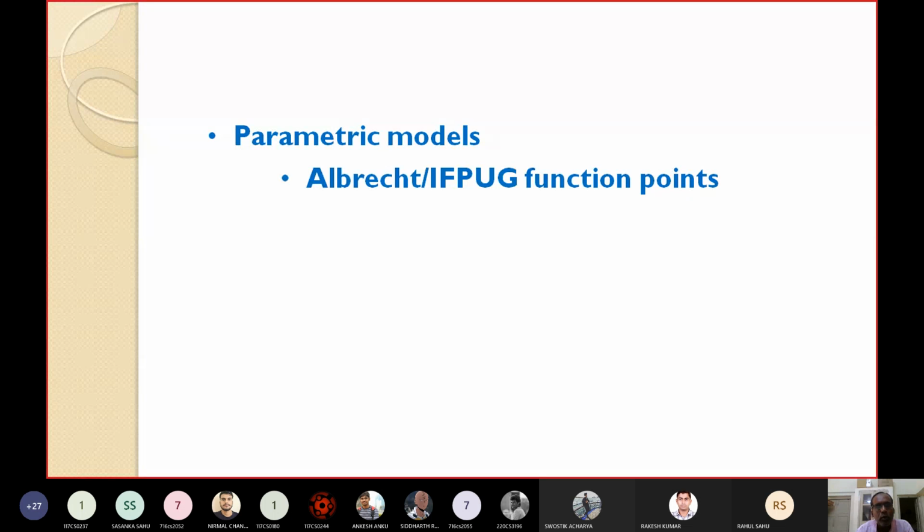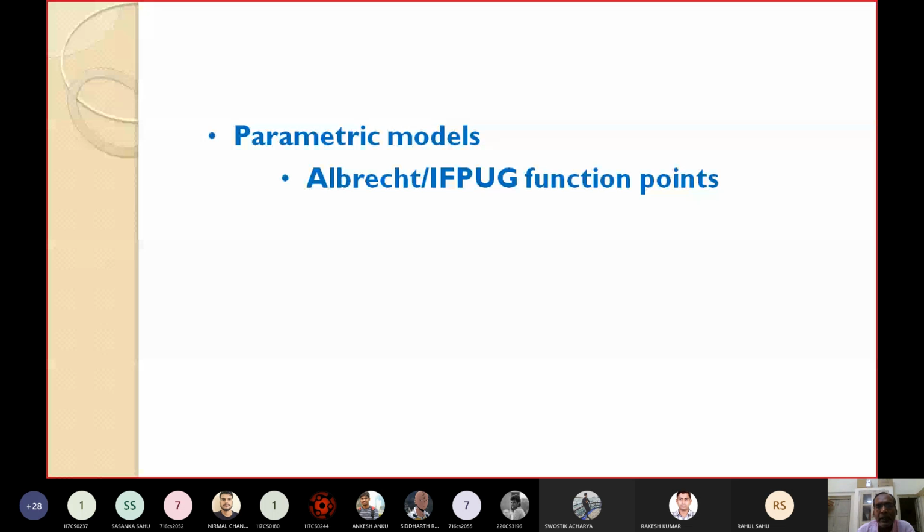Today we'll continue with our previous discussion on parametric models. As I have already told you, there are two good examples of parametric models: size or LOC, and function point. LOC has several drawbacks, which we have already discussed. Today we'll discuss the other model, that is function point.